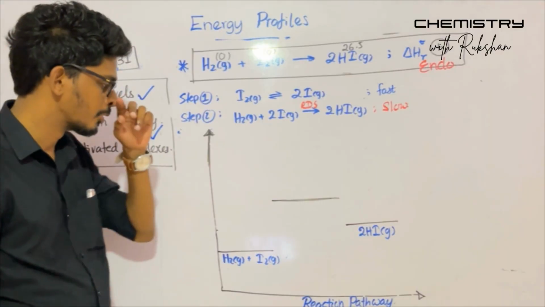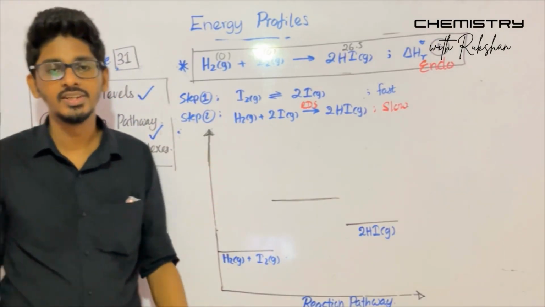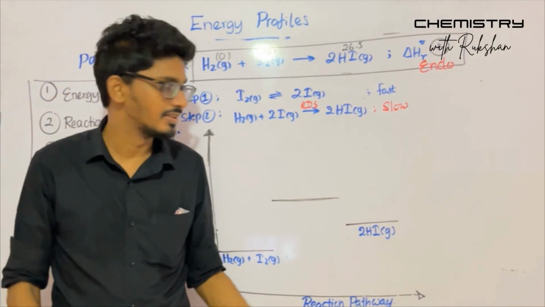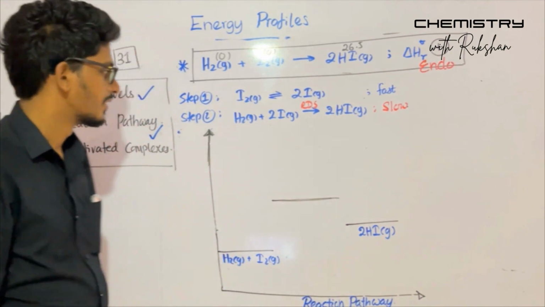Not only the intermediate chemical species, but some other chemical species may appear at the intermediate energy level.